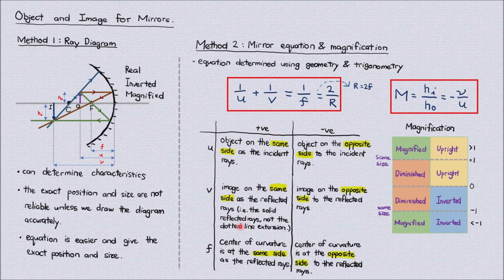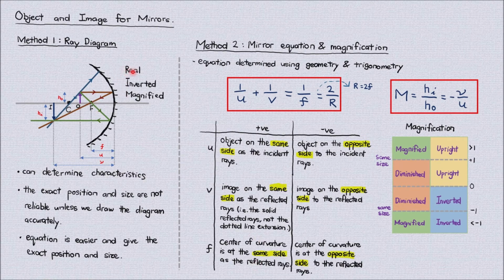For positive, the center of curvature, which is this C over here, that creates our sphere that cuts out this mirror, should be on the same side as the reflected rays. So you can see my reflected rays are in front of the mirror, and my center of curvature is also in front of the mirror. Since they are both on the same side, our focal length for this case will be positive.